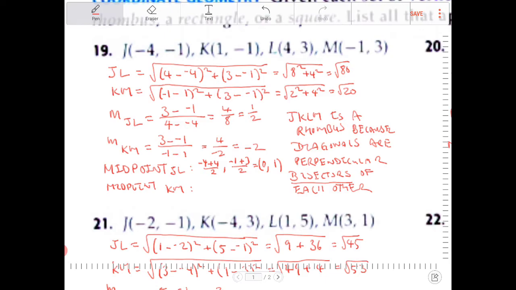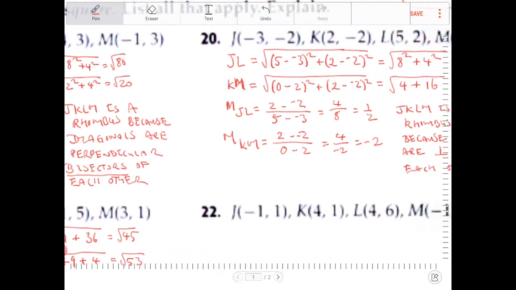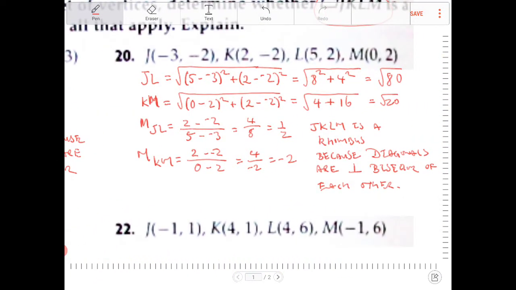KM is negative 1 plus negative 1 over 2 and negative 1 plus 3 over 2. So yes, this is a perpendicular bisector, so it does work. Okay, and I got to do this again. Midpoint of JL, midpoint of KM.